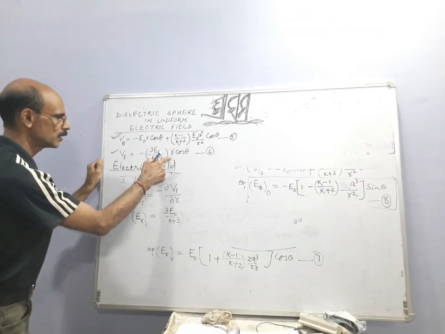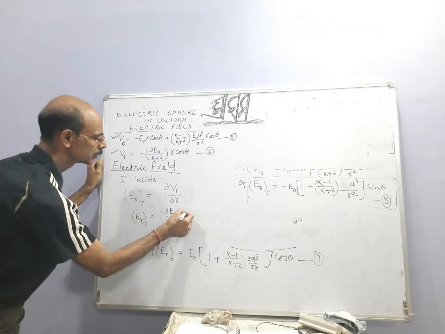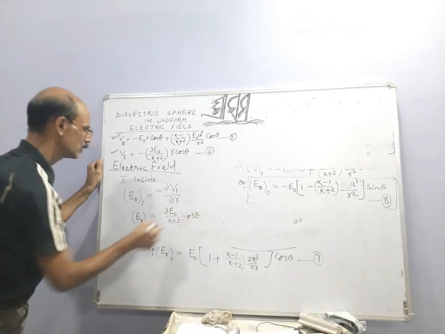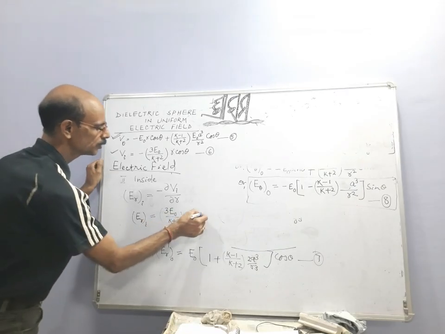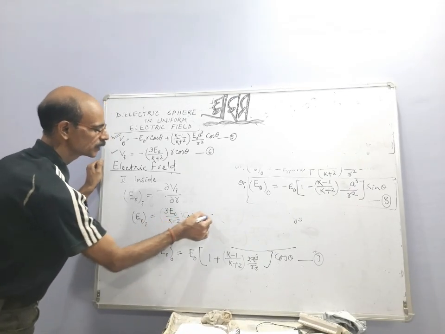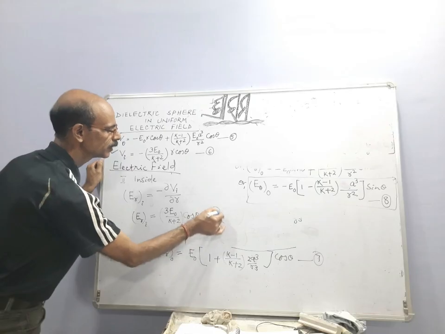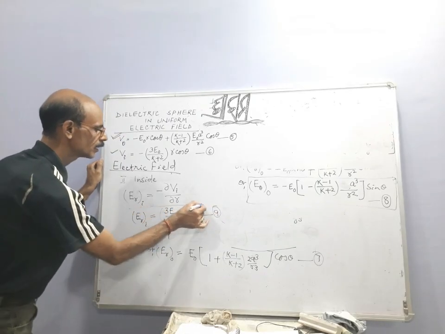After differentiation there will be no r, so E_r i is equal to 3 E0 by (k plus 2) cos theta. Let it be equation number 9.